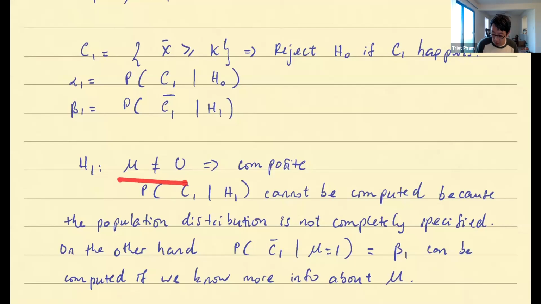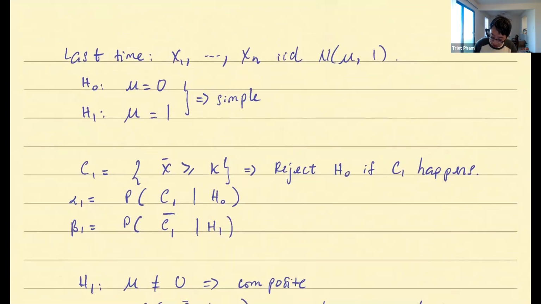If you just say that mu is not equal to 0, then you cannot compute this statement completely, because the distribution is not completely specified. But if you specify it for some extra reason, and this can happen, then you can still discuss this type 2 error. Anyway, a technical remark that may affect us later.